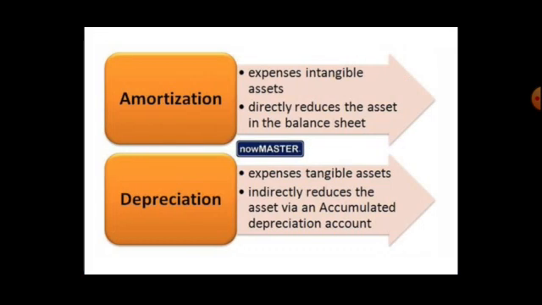Amortization and depreciation. Amortization is the reduction in the value of assets that are intangible in nature, and depreciation is the reduction in the value of assets that are tangible.